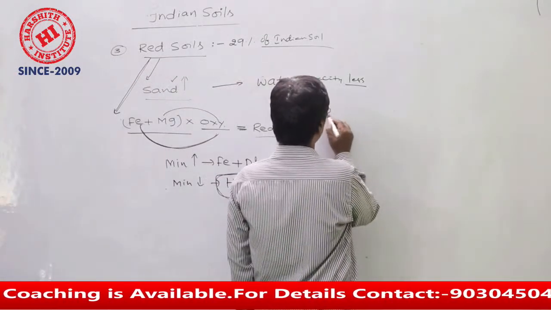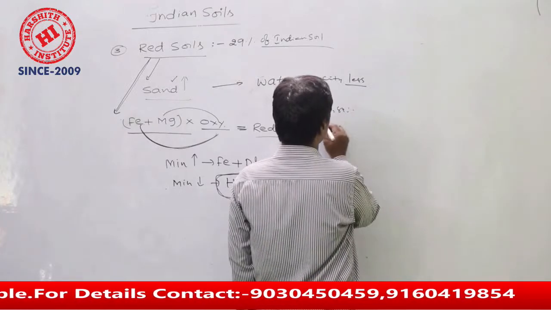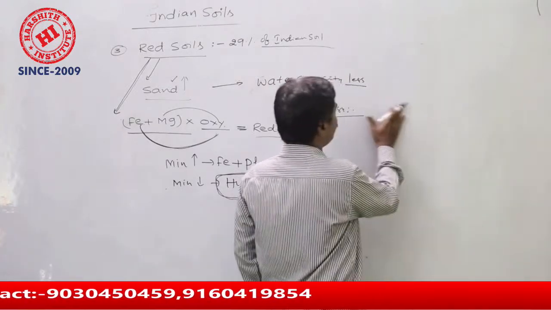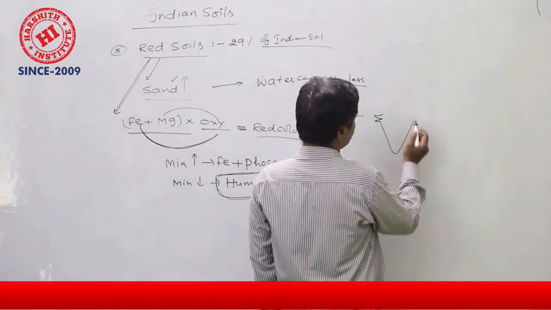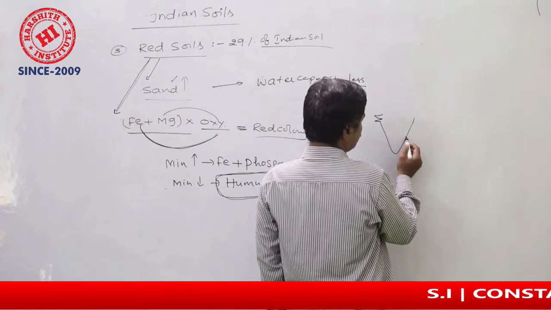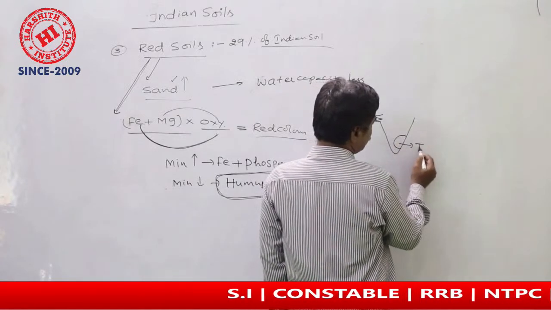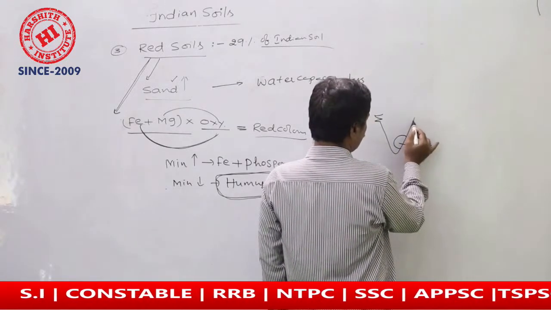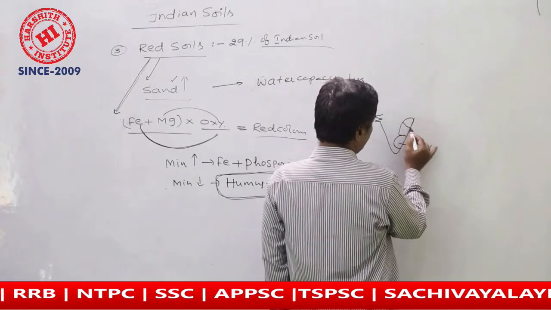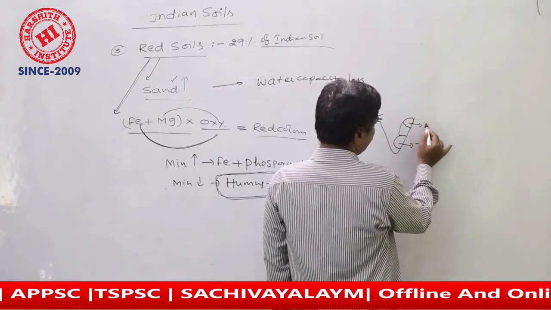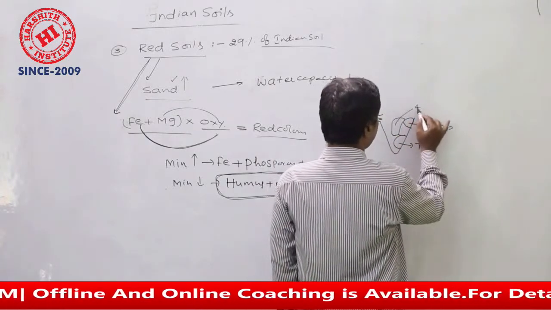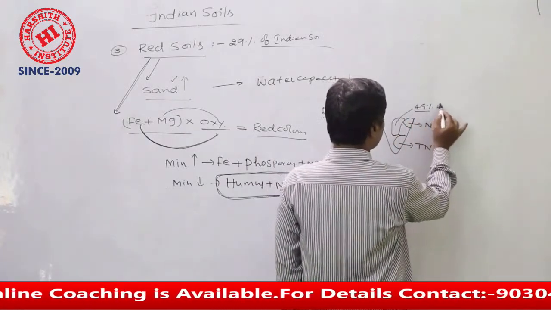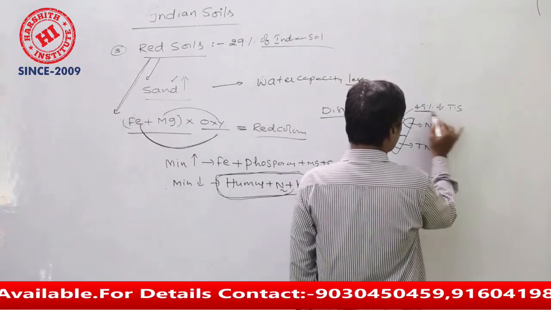So for the distribution of these soils in India, it is maximum in South India. In South India, maximum in Tamil Nadu and also Andhra Pradesh. In Andhra Pradesh, in North Andhra Pradesh. In Telangana, 49% of the total Telangana soils.